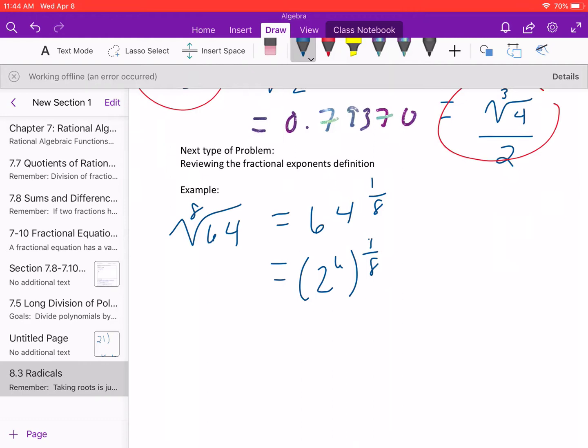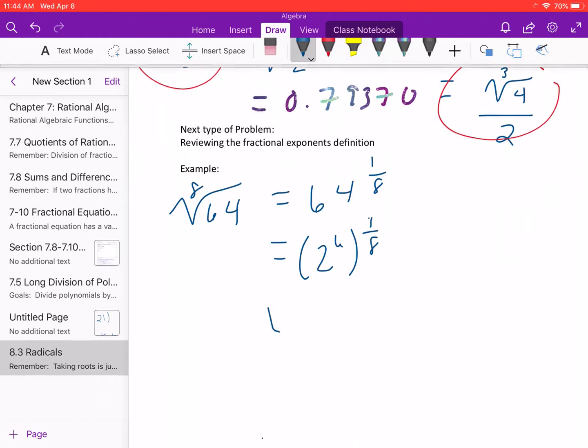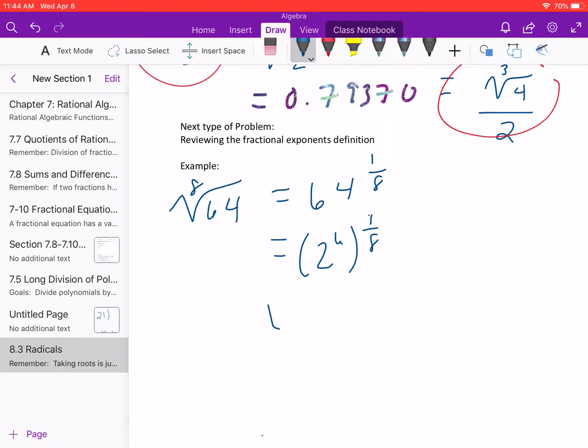And so, if we want to simplify this, power to a power rule, this becomes 2 to the 6/8 power. 2 to the 6th raised to the 1/8 power is going to become 2 to the 6/8 power, which can be reduced to 2 to the 3/4 power.